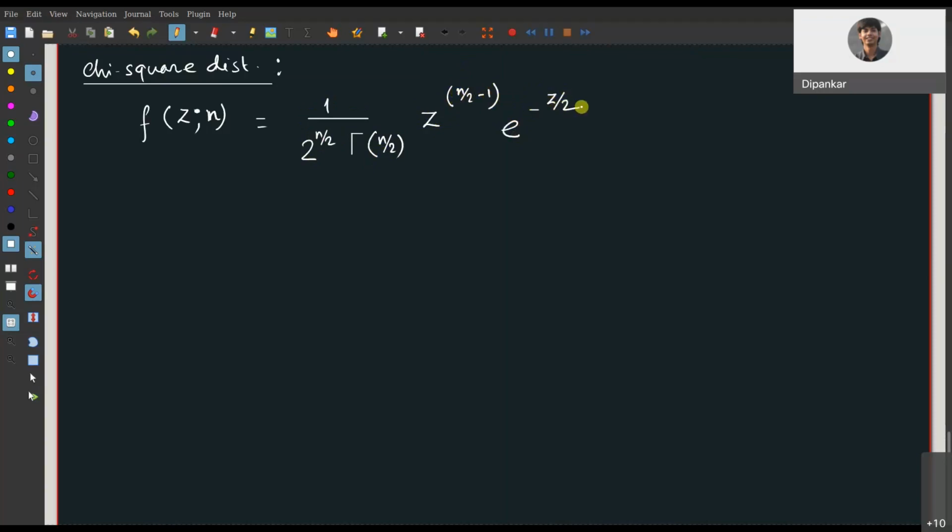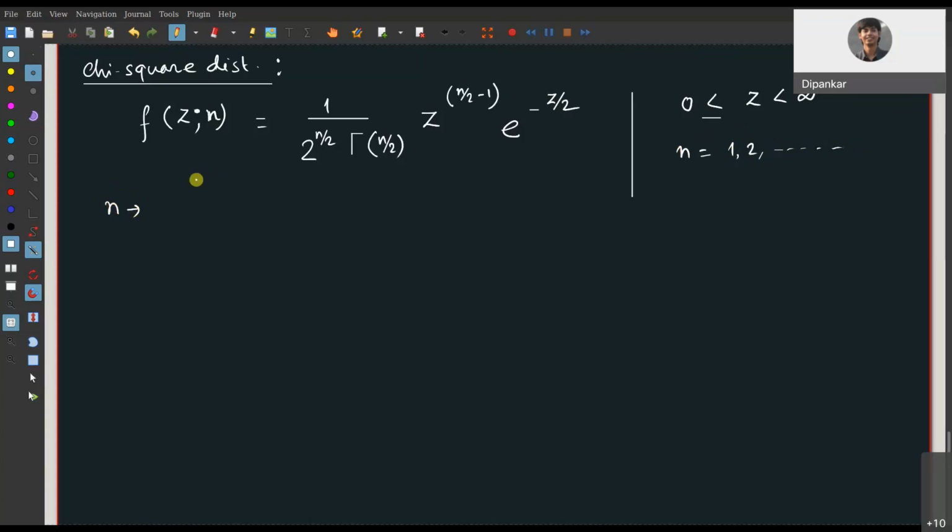Remember the range of z is from 0 to infinity, and n can take only integer values, so n can be 1, 2, and so on. This n is sometimes called the degrees of freedom.